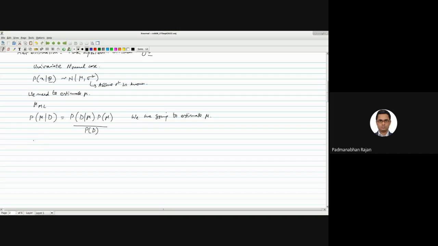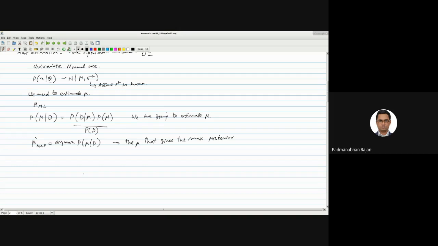So what we call the MAP estimate, let's say mu hat MAP, is max P of mu given D. The mu that gives the maximum posterior.